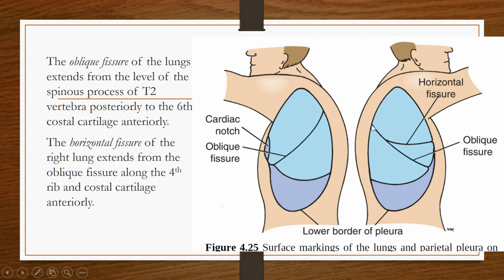The oblique fissure extends from the spinous process of T2 vertebra posteriorly to the sixth costal cartilage anteriorly. The horizontal fissure meets the oblique fissure posteriorly and extends anteriorly in the line of the fourth rib and fourth costal cartilage. There is only one fissure in the left lung, which is the oblique fissure.